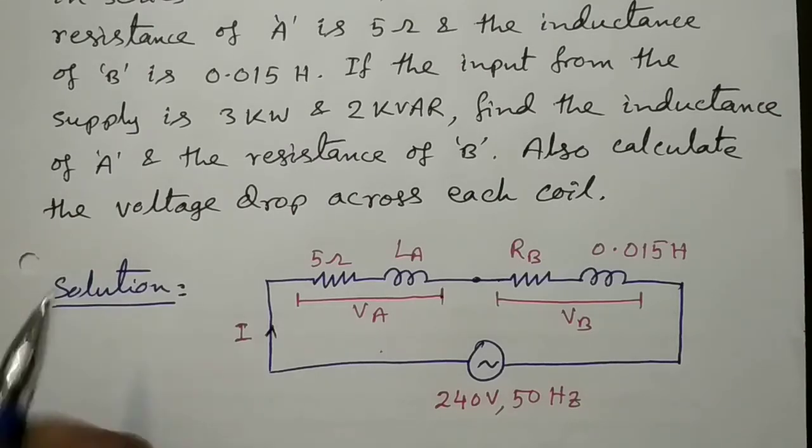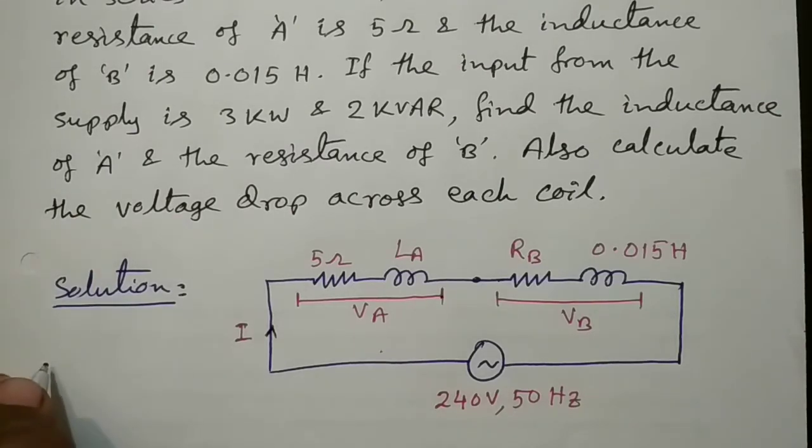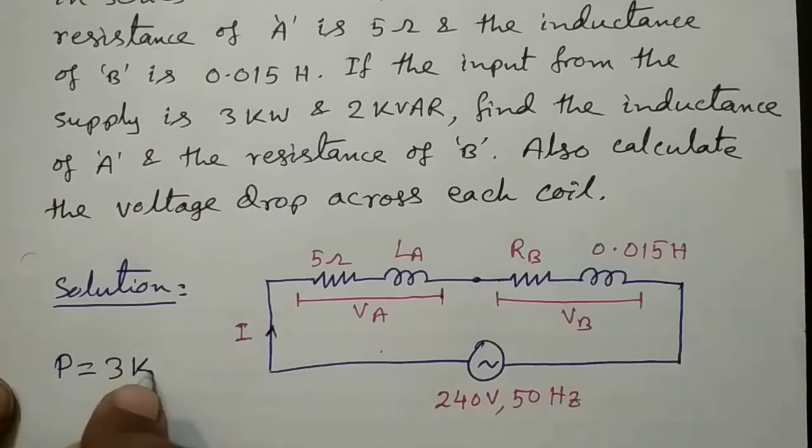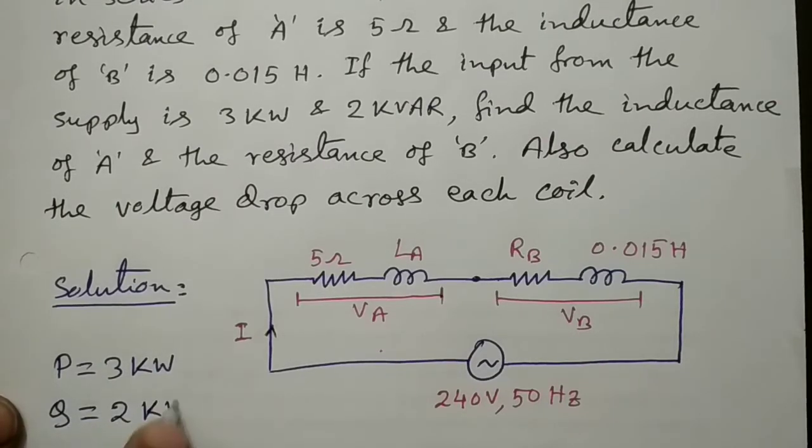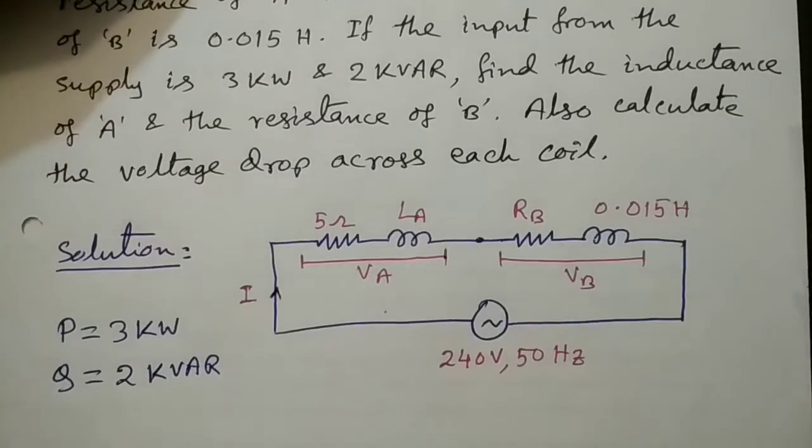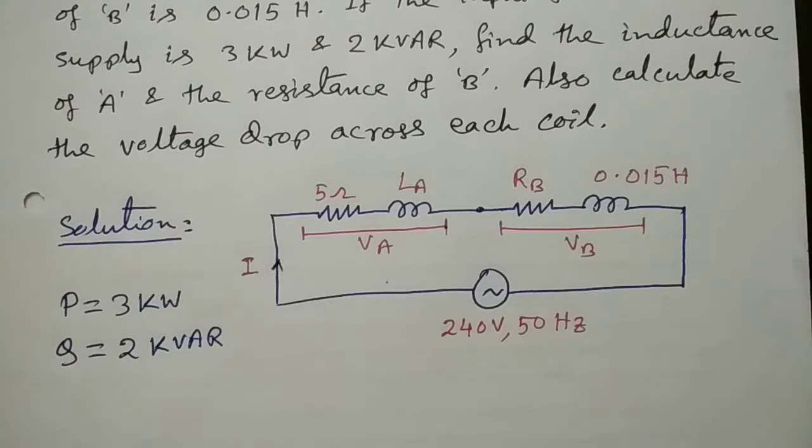Now here the powers of the circuits are given. P is equal to 3 kilowatt, that is the active power, and the reactive power is given as 2 kVAr, that is kilovolt ampere reactive. So first we find the apparent power S. The S can be calculated as square root of P square plus Q square.